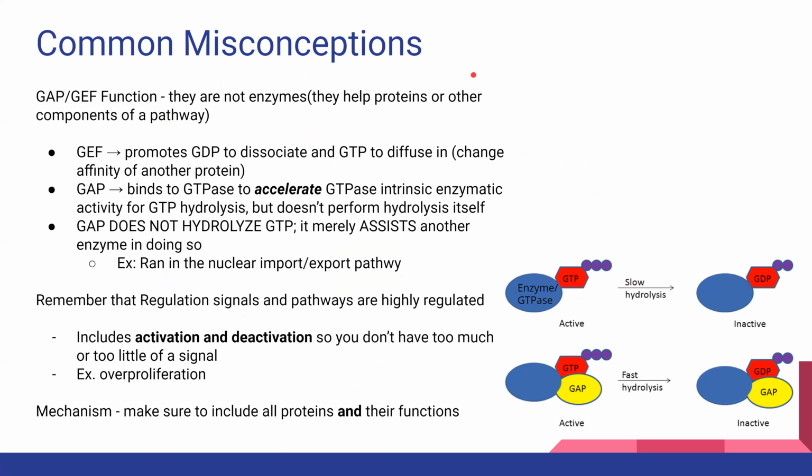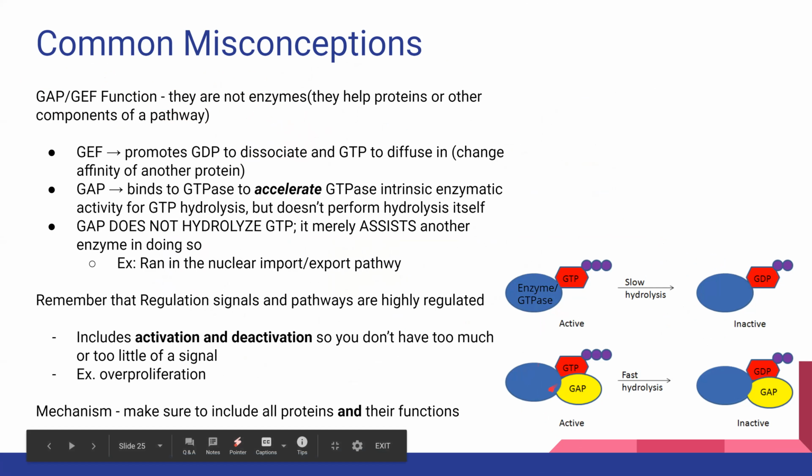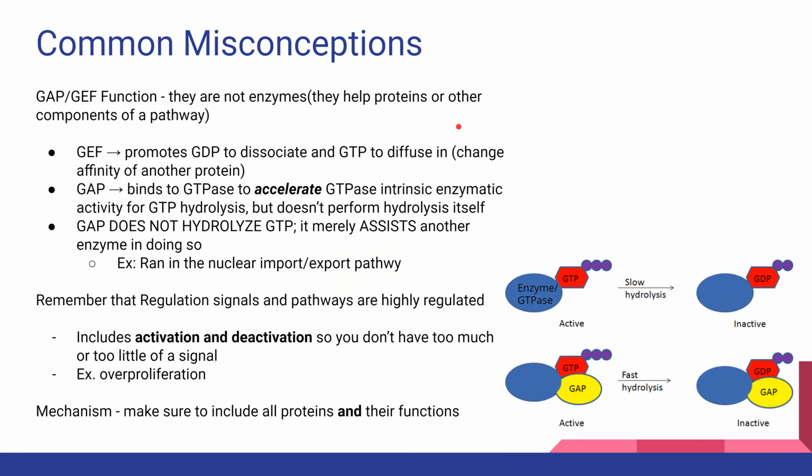They just assist the actual GTPase, but they're not enzymes themselves. GEF promotes the GDP to dissociate and allows the GTP to diffuse in, or at least increases affinity. And then the GAP analog is going to accelerate the protein's already existing GTPase enzymatic activity. So that's pretty much it for common misconceptions.